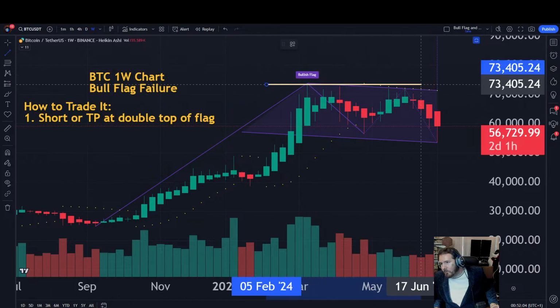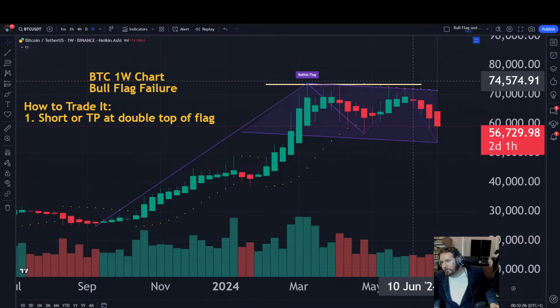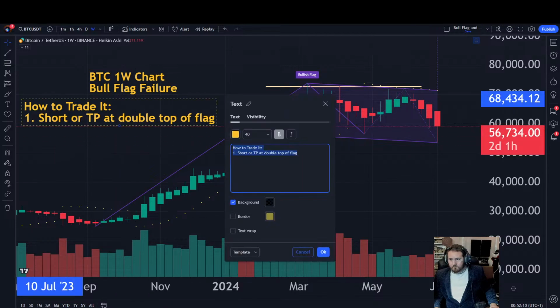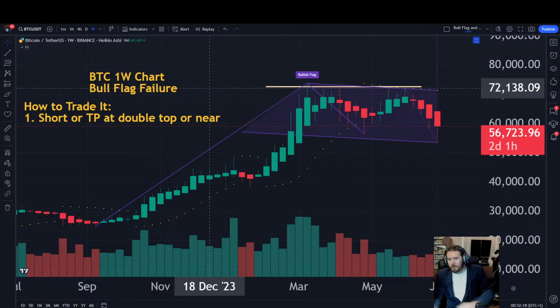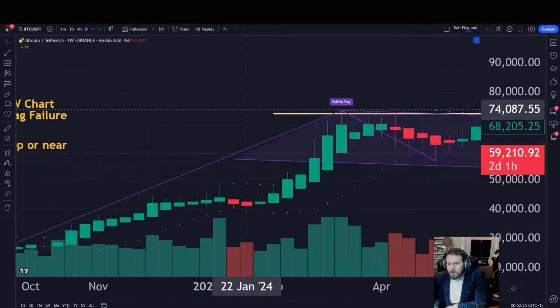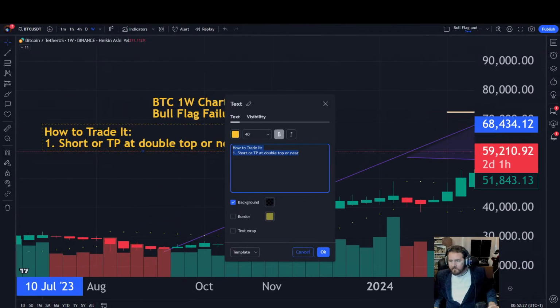And we had a problem there that we didn't get a double top. So it's going to be a double top of flag or after or near. And for that, what that would look like here, this double top, when we zoom out, let's make it very simple.